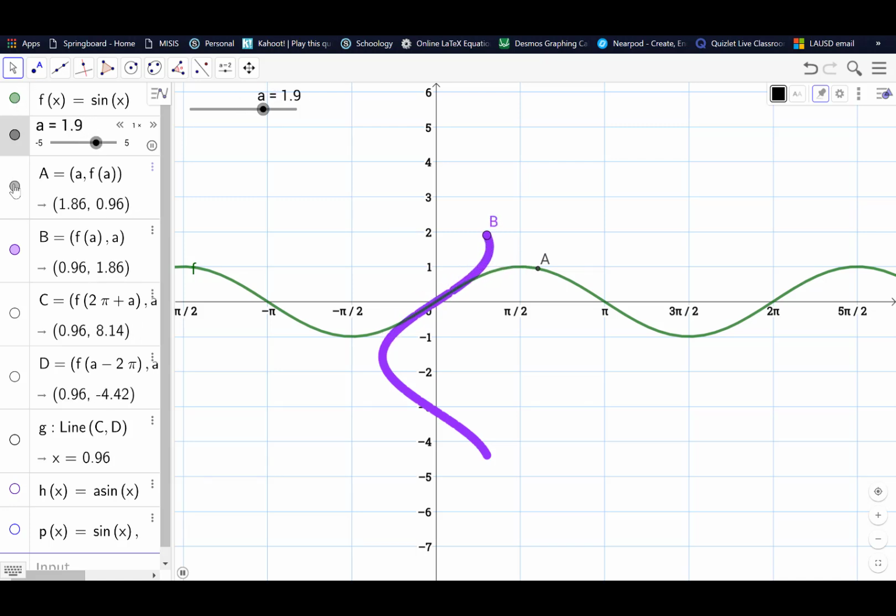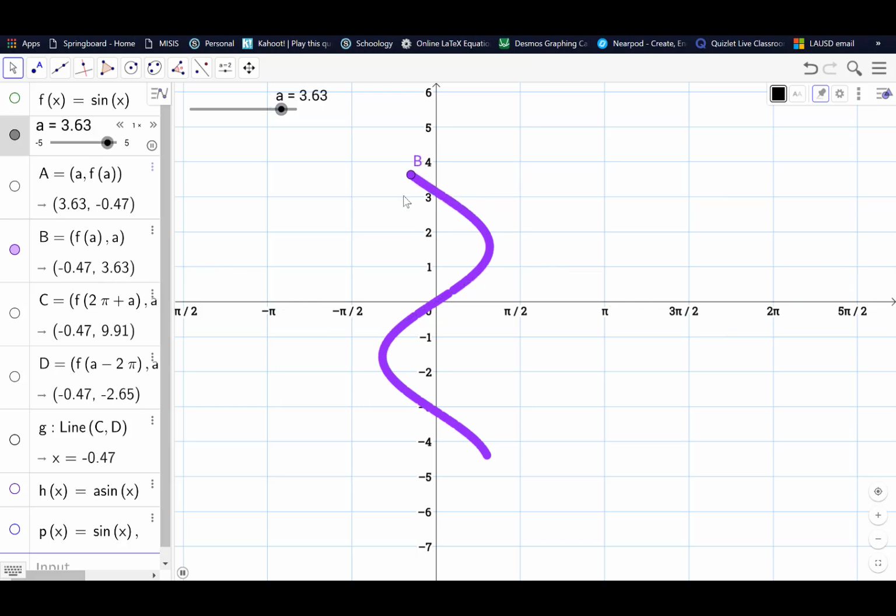And I'm not talking about sine of x, I'm talking about the inverse. There are 2 points on this graph, one input that'll give me 2 different outputs. If you look at this input right here, I get an output of this value, and this value, and so on. So this is not even a function.